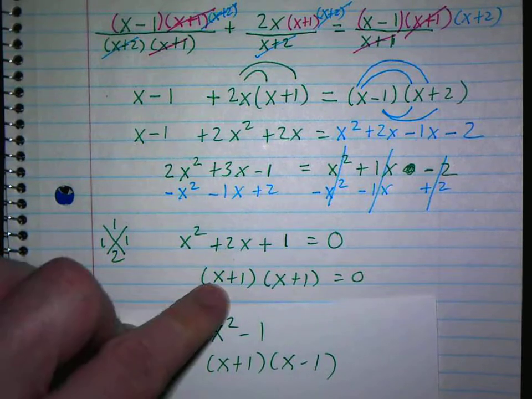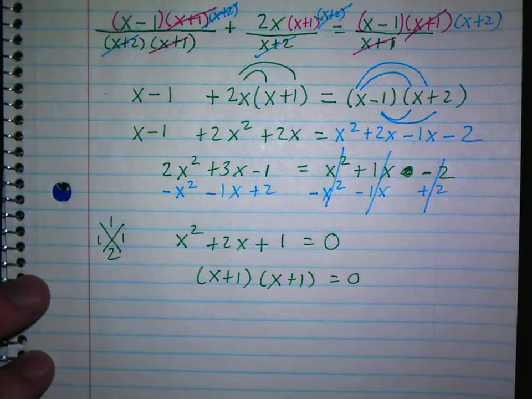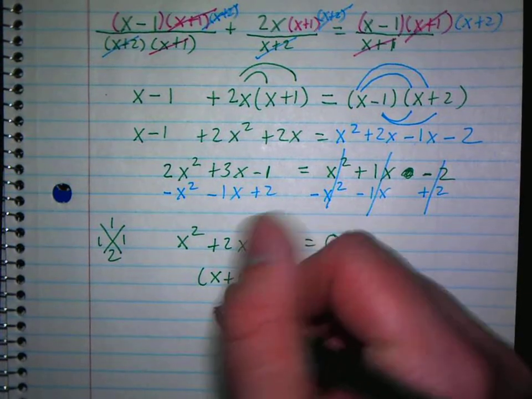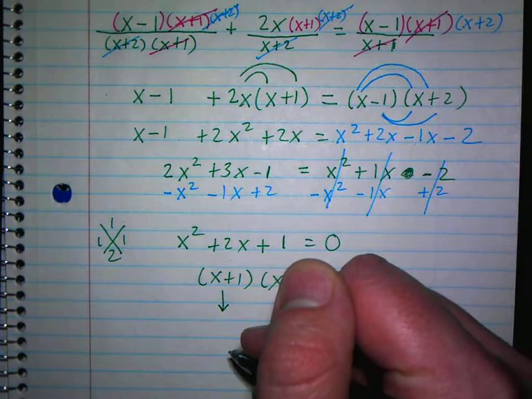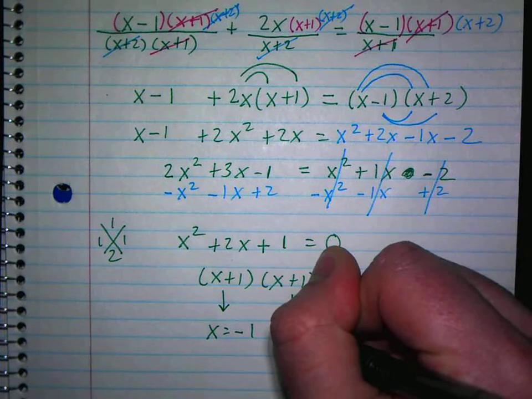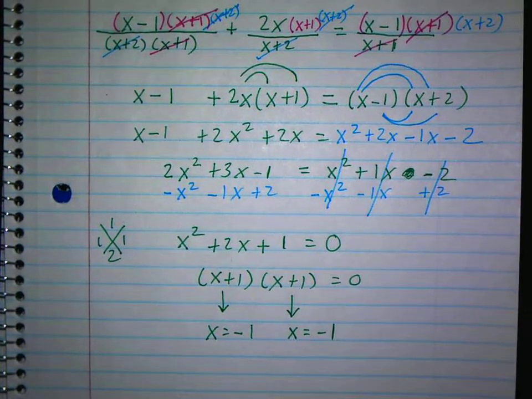No, this would factor into this, okay? All right, so what is the solution of x plus 1? x equals negative 1, right? Twice. So it's x equals negative 1, multiplicity of 2.